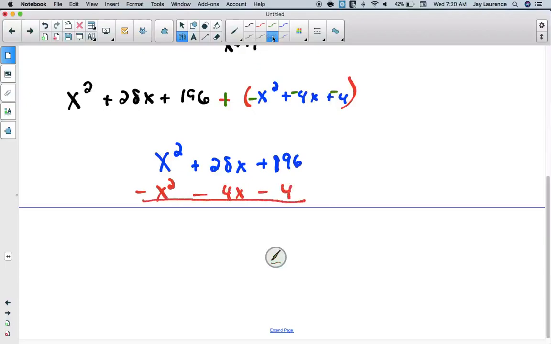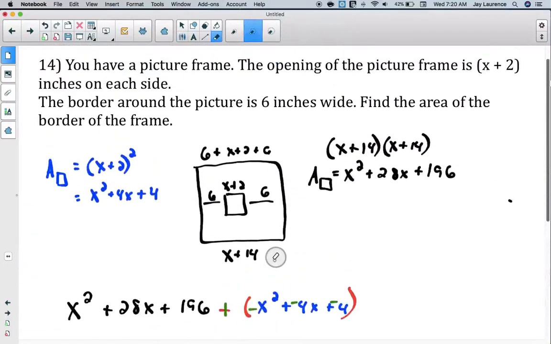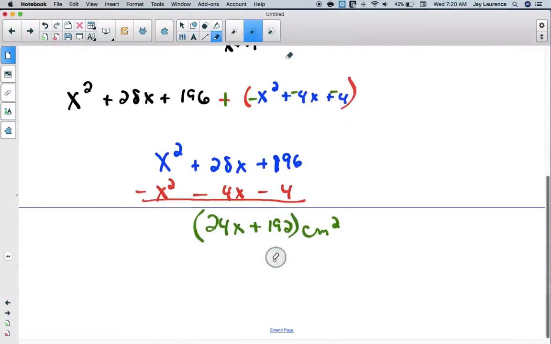And so my answer is going to be 24x plus 192. And I think we might be in centimeters. I don't remember. I think it's centimeters, but I wasn't sure I'd put units squared. Nope, it's inches again. So I should have put units squared because I wasn't sure, but that's okay.